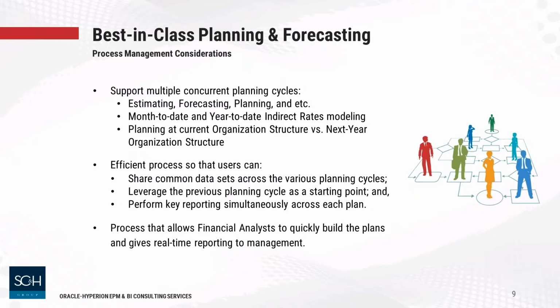What we find very commonly is because the process can be so burdensome that limited users actually come into the buildup of the fiscal plan or budget, and it becomes a very manual Excel-based process facilitated through back and forth emailing of Excel spreadsheets, sometimes really, really large. So a process that is efficient is key, that not only gives the project managers the ability to layer in their assumptions, but it also gives the corporate division the ability to layer in their assumptions so that you can look at your P&L and other financials holistically.